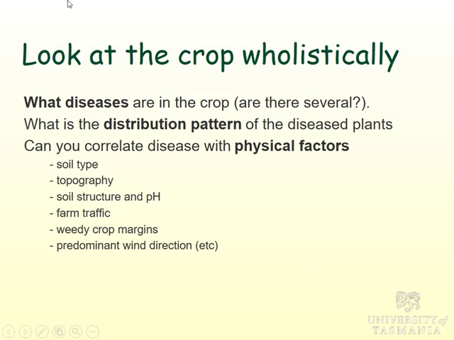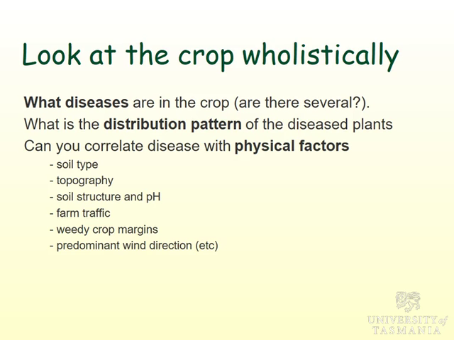So firstly, it's really important that you look holistically at the whole field. Don't just focus straight on your diseased plant and that's it. You really need to look for patterns, look for clues. You are the plant detective. You're dealing with a murder scene. In this case, it's a plant that's died or dying, and you're trying to find all of the clues.